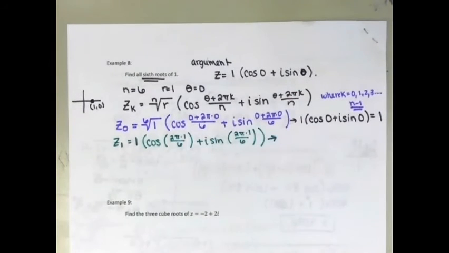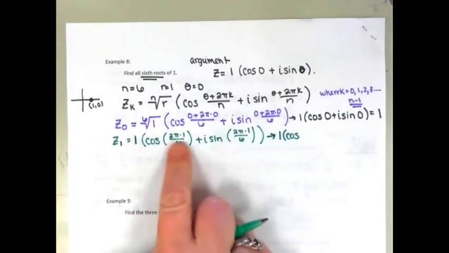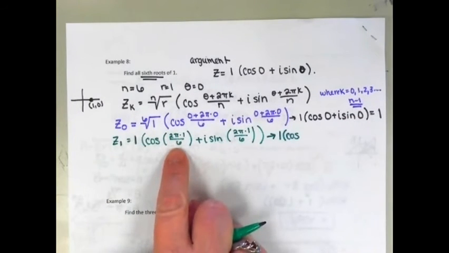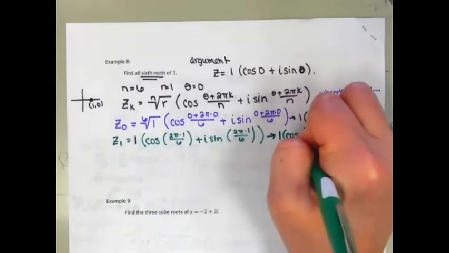All right, so let me ask you. We have 1 on the outside. What's 2 pi times 1? 2 pi. And what's 2 pi over 6? Simplify it. 2 pi over 6 simplifies to pi over 3.